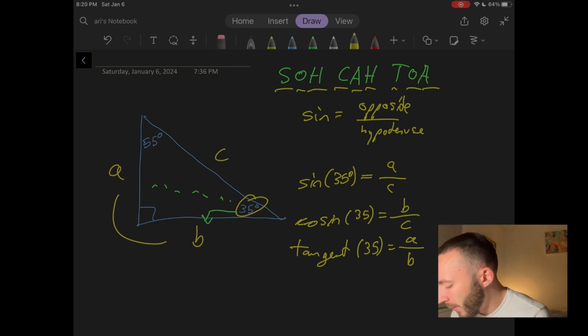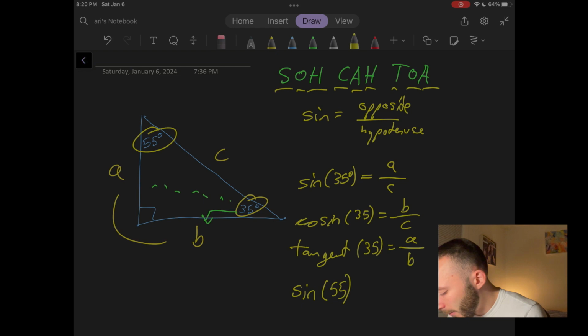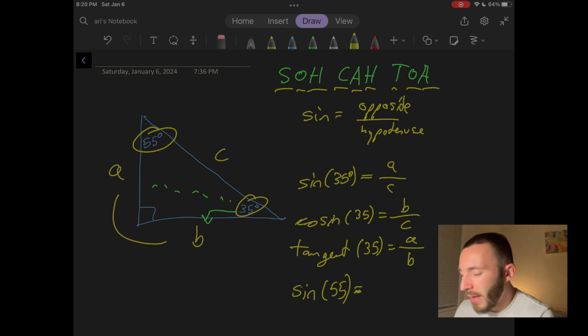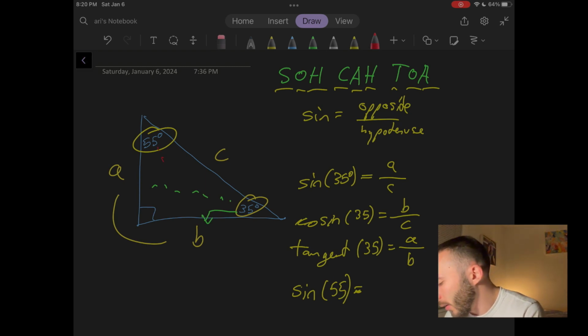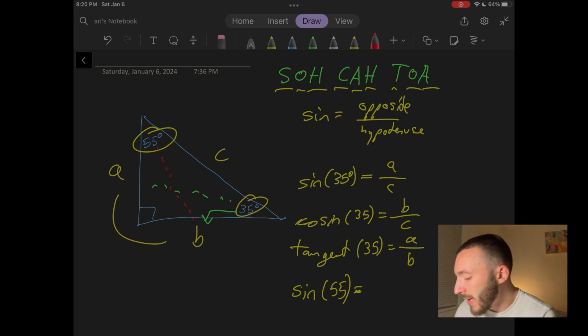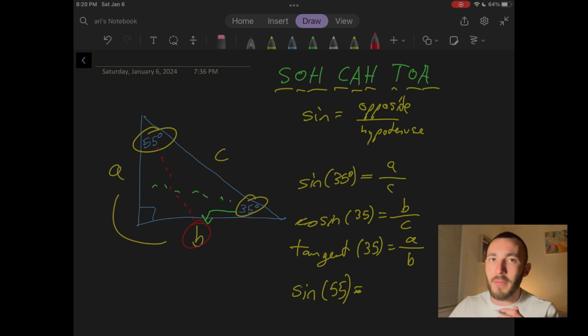Now let's talk about the perspective of the 55-degree angle. So sine of 55 is the opposite of the 55-degree angle. Which one is opposite 55 degrees? Well, if we look across the triangle, that would be B. So now B is our opposite because now we're looking from the perspective of the 55-degree angle at the top of the triangle.